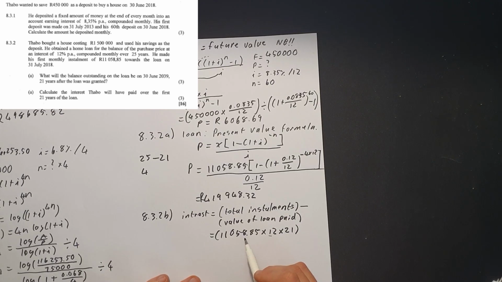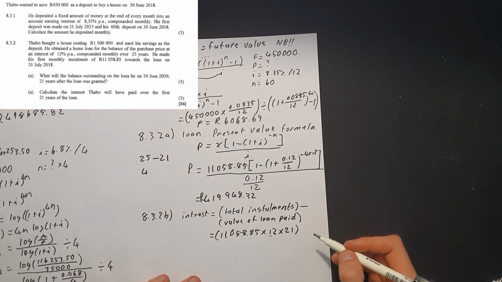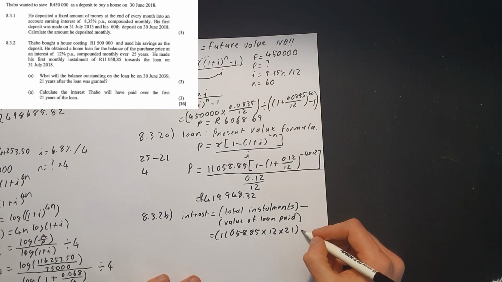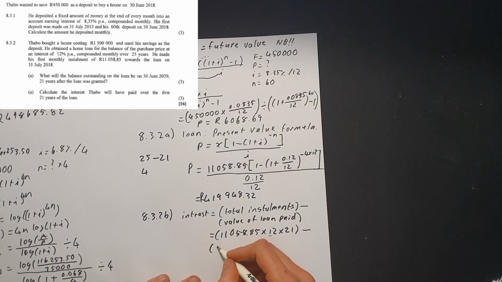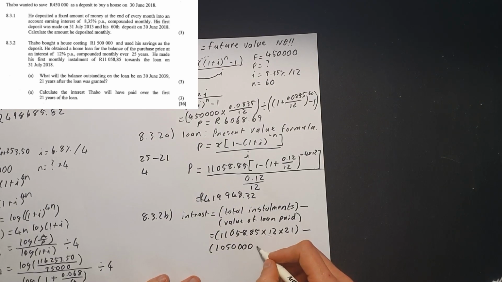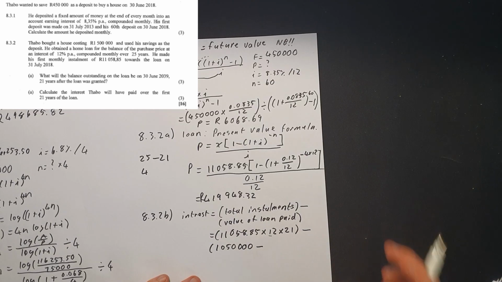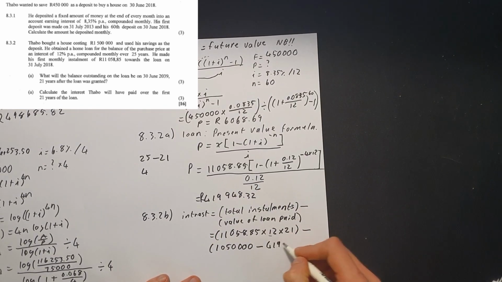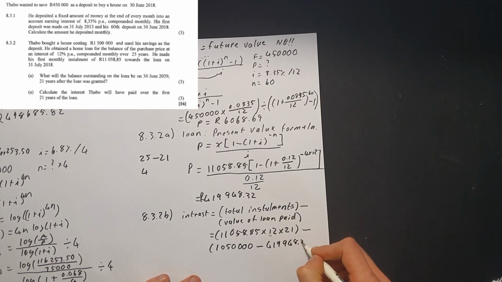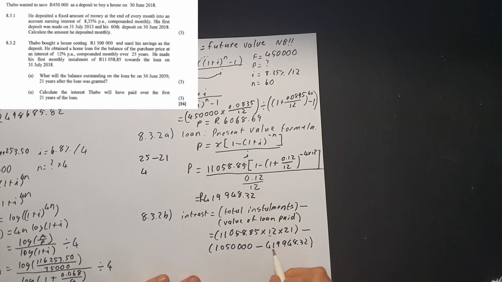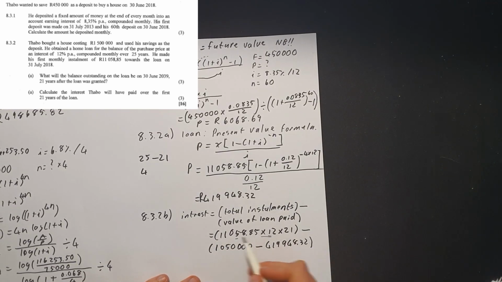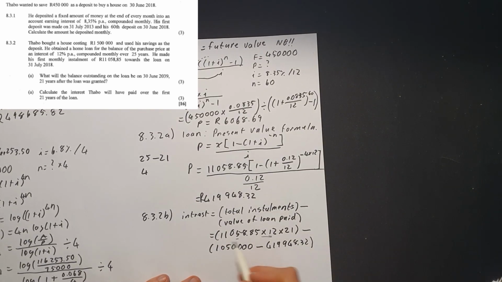Now we're going to minus off the amount that is left. What do I mean by that? It's going to be minus the total of the loan, 1,050,000, minus that amount that we've paid in the 21 years. So this top amount here, 419,948.32, is how much is left after 21 years. This is my total.